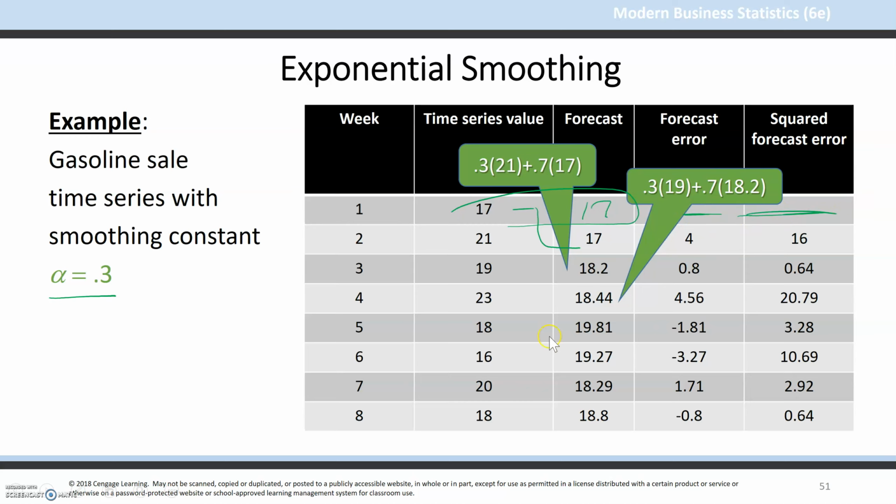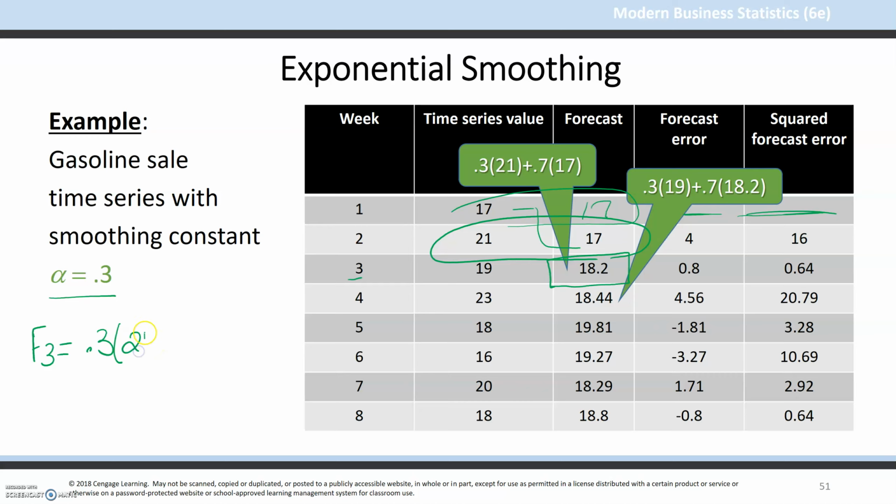How we got this forecast right here, and I have it in the bubble above it: to get week 3's forecast, we had to use week 2's information. So the forecast for week 3, this time we're using an alpha of 0.3. We're using week 2's information.